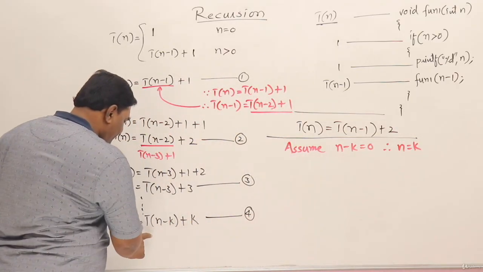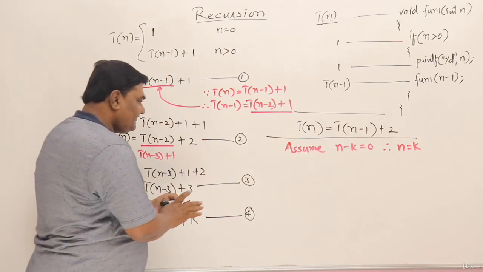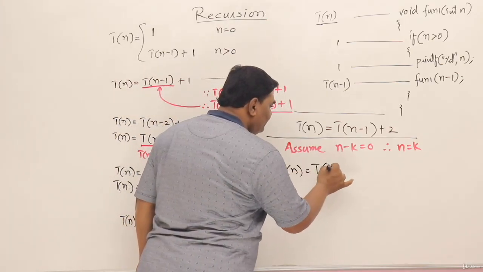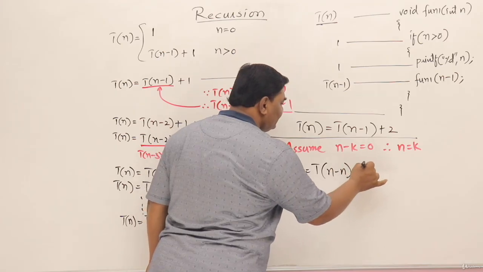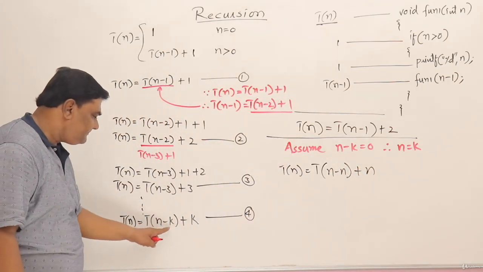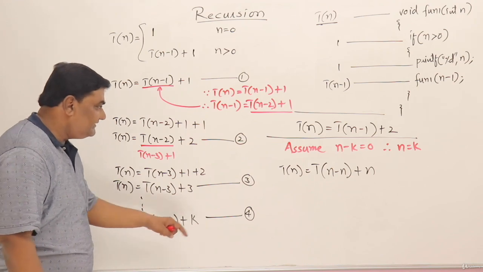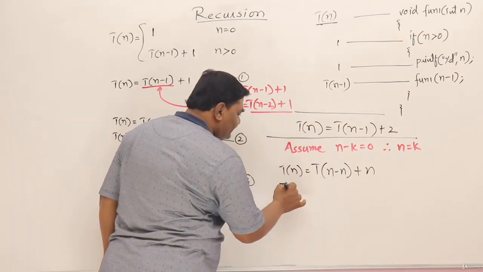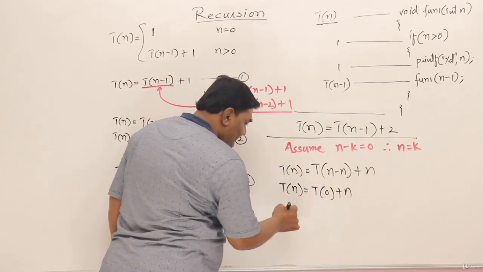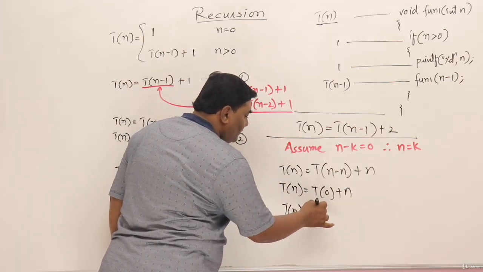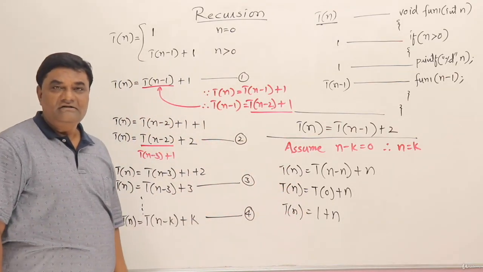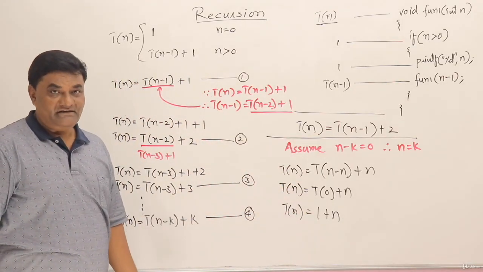So in this equation, if I substitute, T(n) = T(n-n) + n. In place of k, I have written n. So this is T(n) = T(0) + n. So T(n) = 1 + n. So that's all, I got the answer: T(n) = 1 + n.